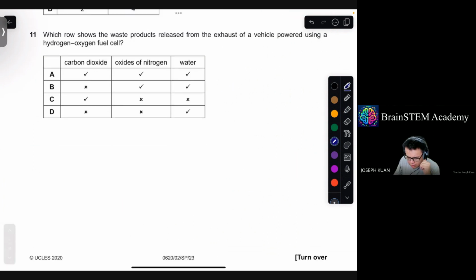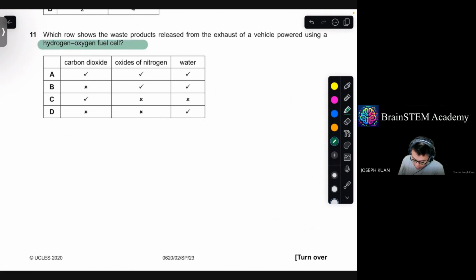Which row shows the waste products released from the exhaust of a vehicle powered using a hydrogen-oxygen fuel cell? Now, a hydrogen-oxygen fuel cell is just this reaction: hydrogen reacts with oxygen and gives you energy and also water, and nothing else.